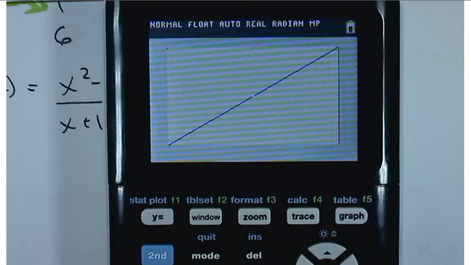What do you see when you graph this? What's interesting about this graph? Or different? Yeah, you got a hole, right? And that hole is a discontinuity. What kind of discontinuity is that? A removable discontinuity.